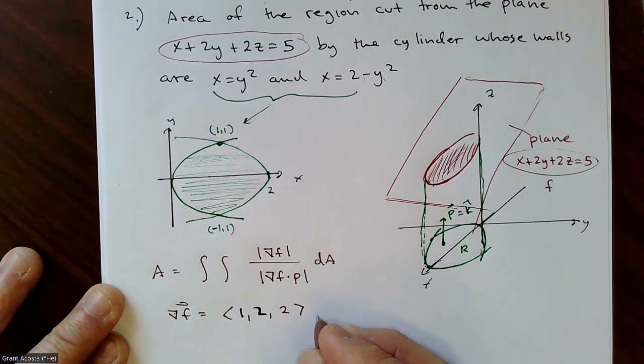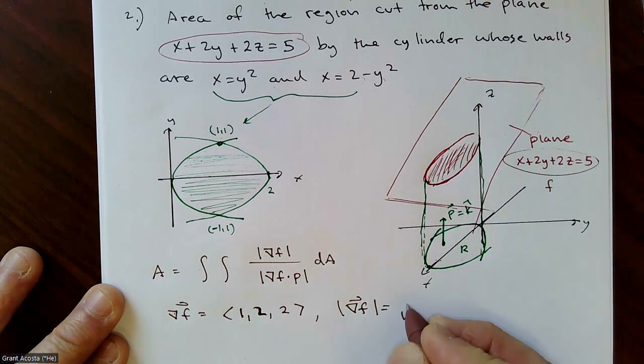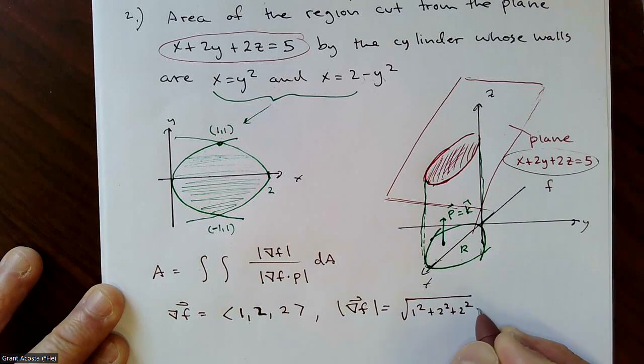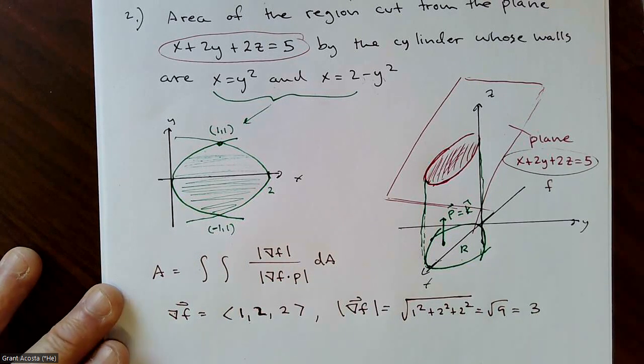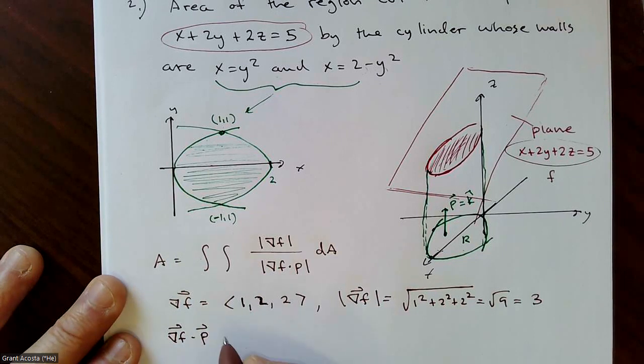In fact, we're going to need the magnitude of the gradient. That's just going to be the square root of 1 squared plus 2 squared plus 2 squared, which happens to be the square root of 9, which is 3. That works out nice. The gradient of f dotted with p, and we'll do the magnitude of that.